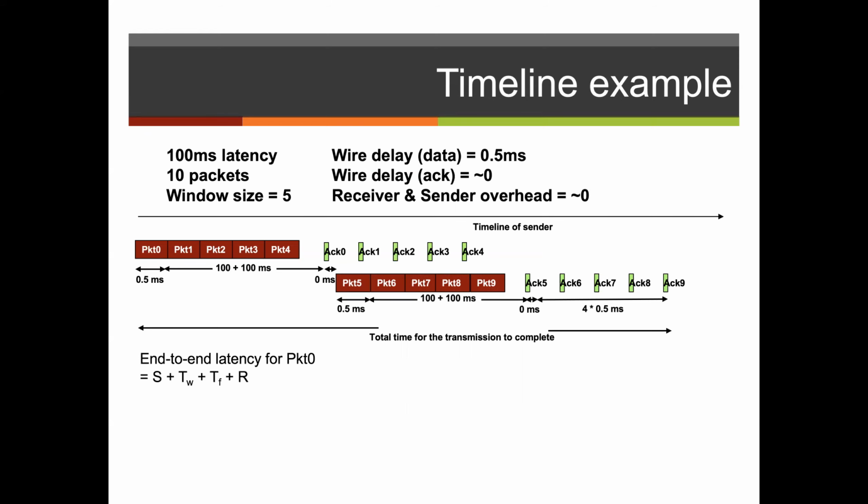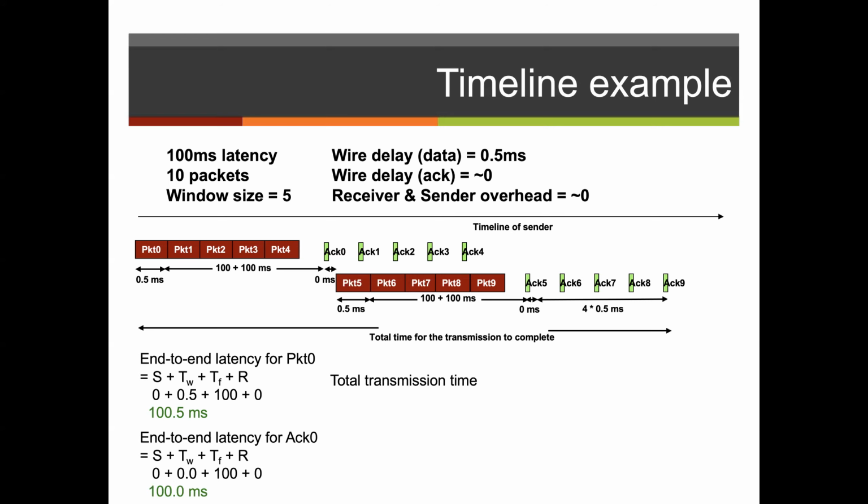So our end-to-end latency for packet 0 is going to be 0 plus 0.05 plus 100 plus 0, which is going to give us 100.5 milliseconds. Our end-to-end latency for our acknowledgement is going to be 0 plus 0 plus 100 plus 0, so 100 milliseconds.